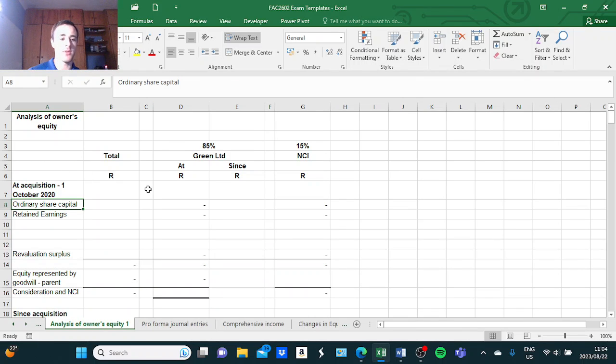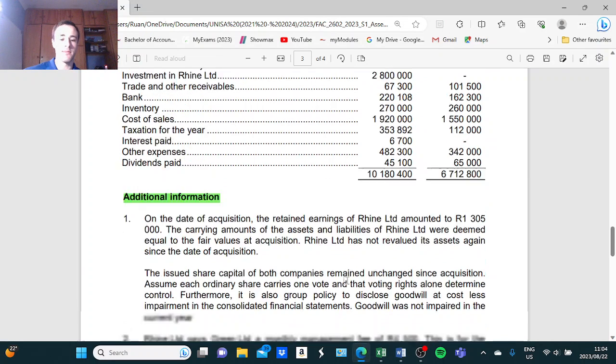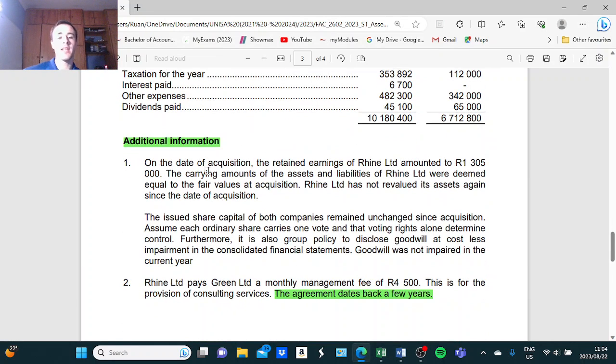at the 1st of October 2020, and then we just need to determine the equity balances for Ryan Limited as at the 1st of October 2020, and that will be given in additional information point 1. On the date of acquisition, the 1st of October 2020, the retained earnings of Ryan Limited amounted to 1,305,000.